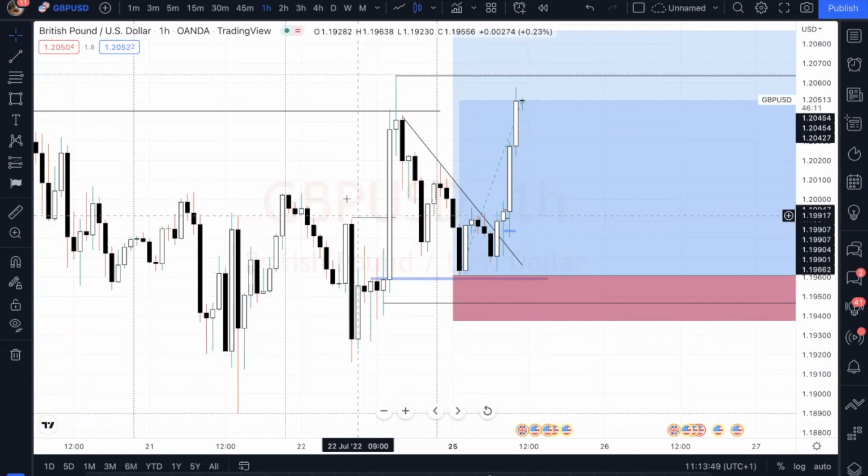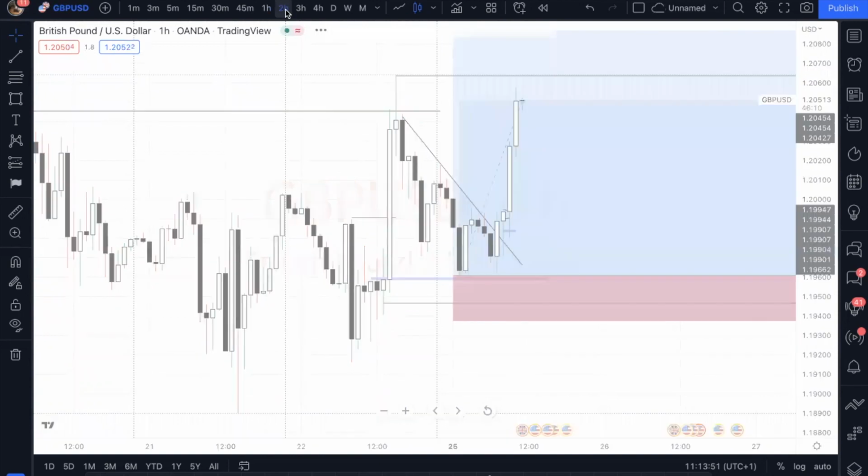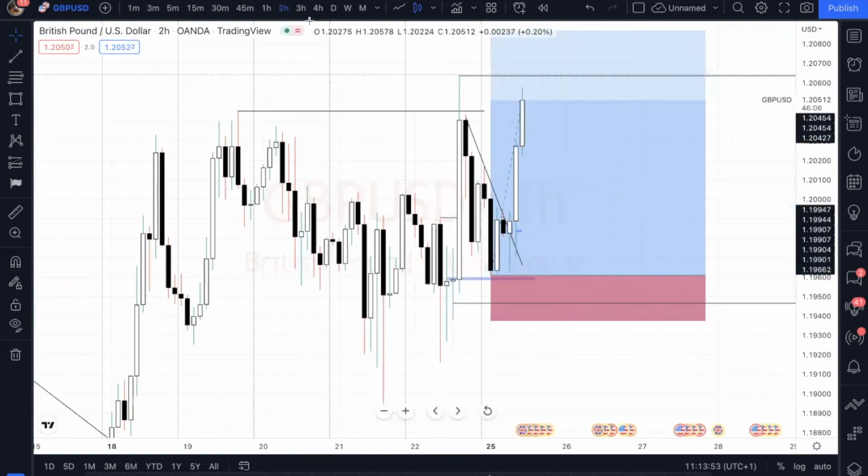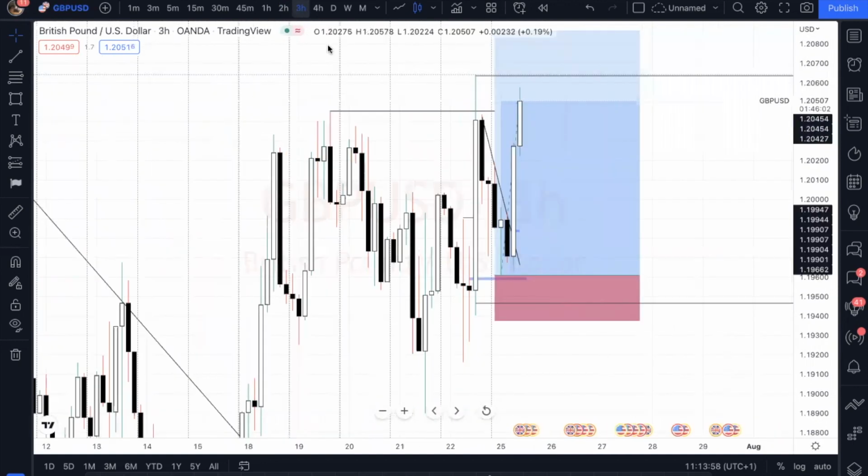Now if you go to a 2-hour chart, let's say 3-hour, on the 3-hour chart we found an engulfing here. And then on a 1-hour chart, we are seeing a Quasimodo.